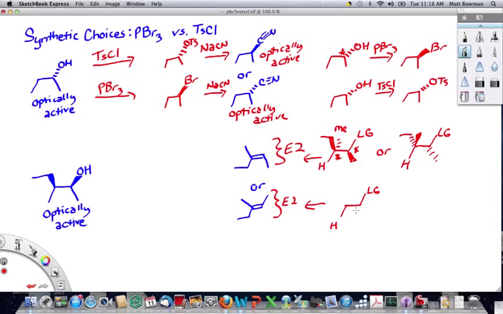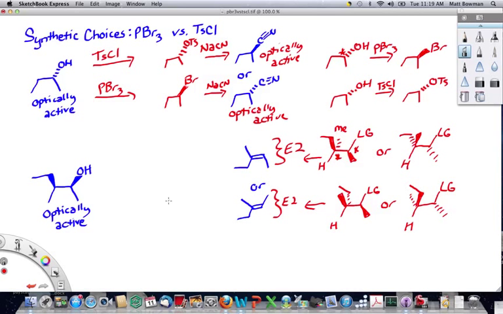This methyl and this methyl are cis to each other, and so they both are wedges, and the ethyl group becomes a dash. Or we can use its enantiomer. Leaving group here, methyl group's a dash, methyl group's a dash, and then the ethyl group is a wedge. So either of these two.